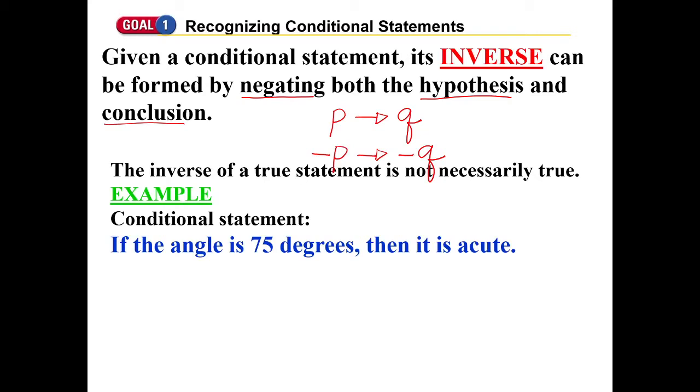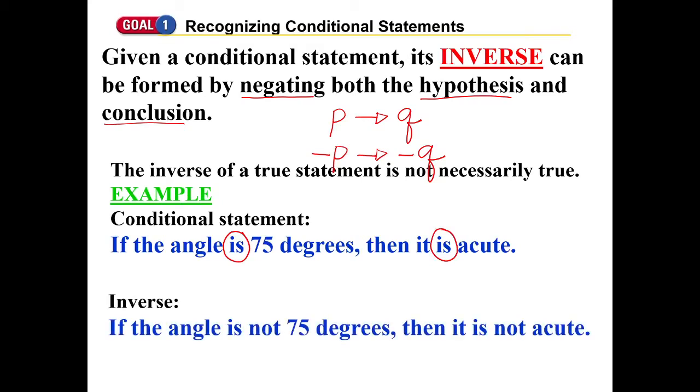If the angle is not 75 degrees, then it is not acute. Very good. Take note, there is an is, so put not. Therefore, if the angle is not 75 degrees, then it is not acute.